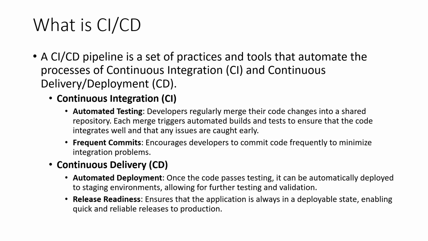So what is continuous integration? If you are frequently adding something to your existing code, we call it continuous integration. And continuous delivery means, I have added some code to already existing code, that is, new features to be added to my existing software, and I have done that using continuous integration.